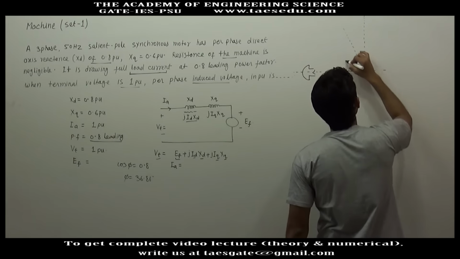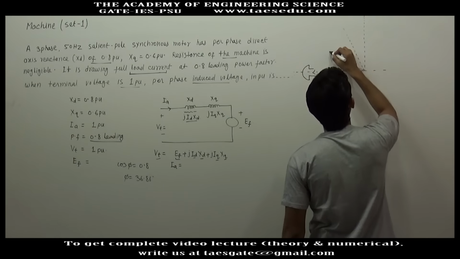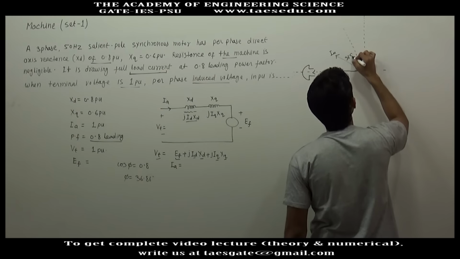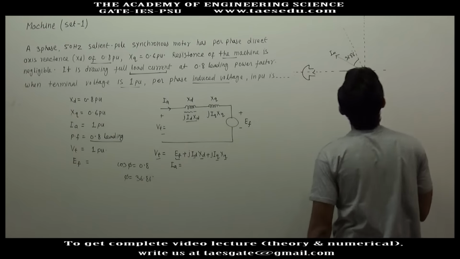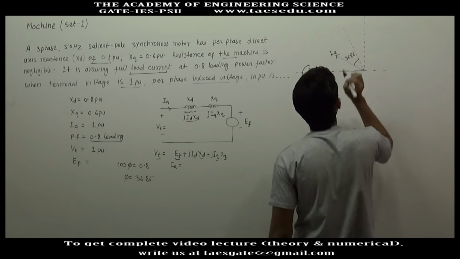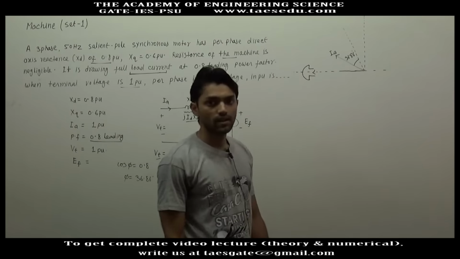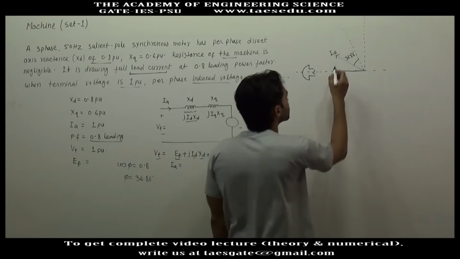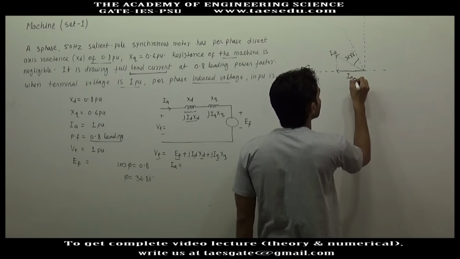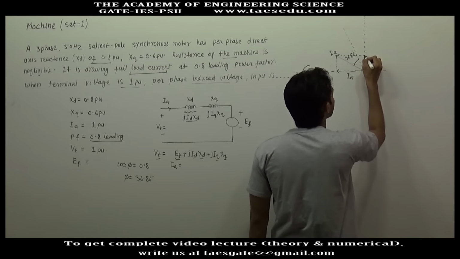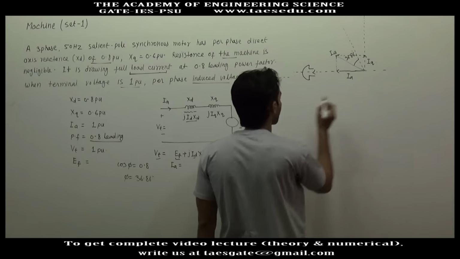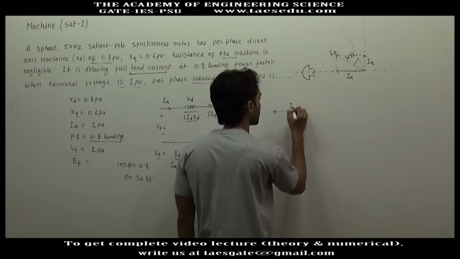So the armature current, let's say this is Ia, and this angle will be 36.86 degree. If this is the armature current, the horizontal component will be the direct axis current, this is Id, and its vertical component will be Iq. Okay, so now we have the direction of Ia. This is the actual direction of Ia.